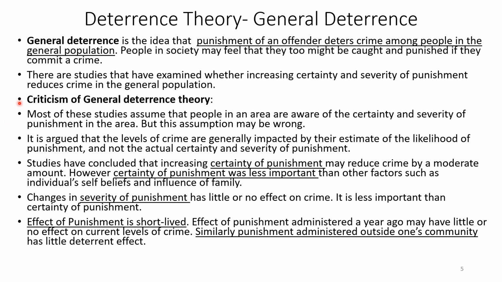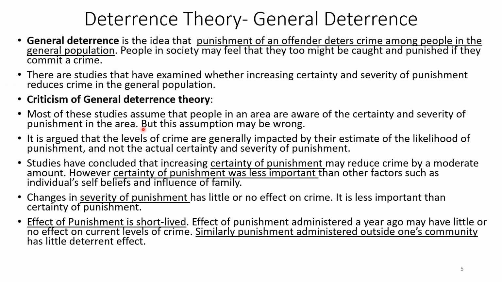Deterrence theory, and general deterrence in particular, have influenced public policy to a large extent. There have been severe criticisms of the theory. One of the first criticisms is that it is assumed that most people are aware of the certainty and severity of punishment in the area.